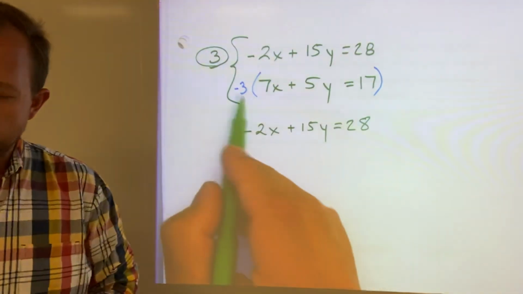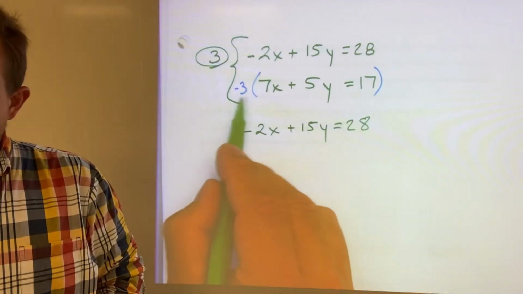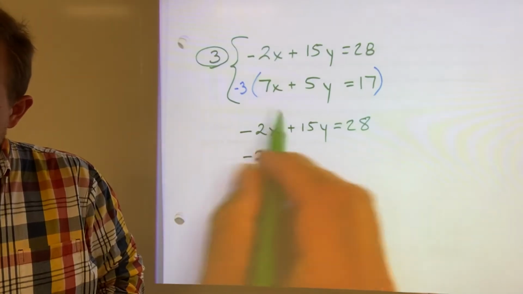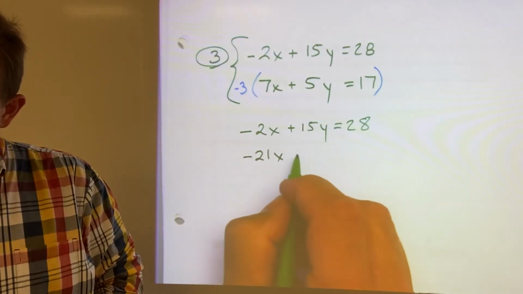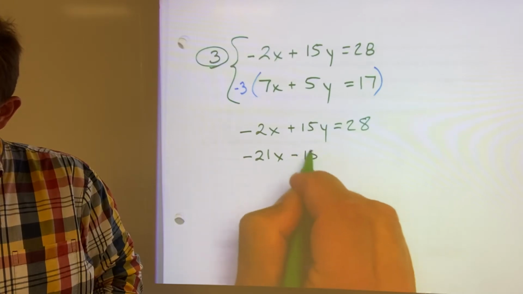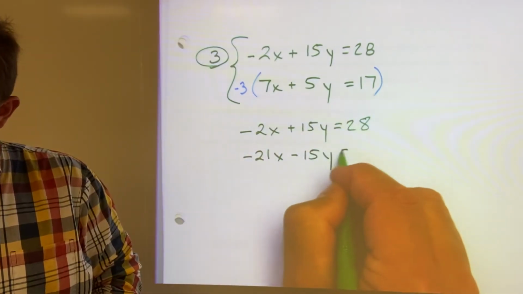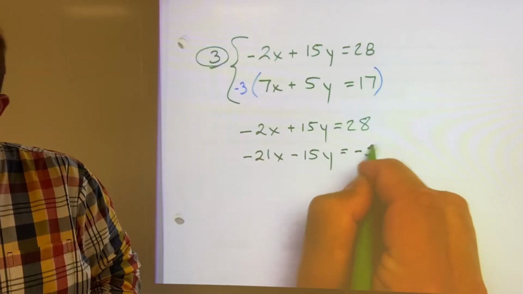The second equation we have to distribute. Negative 3 times 7 is negative 21x. Negative 3 times 5 is a negative 15y. And a negative 3 times 17 is a negative 51.